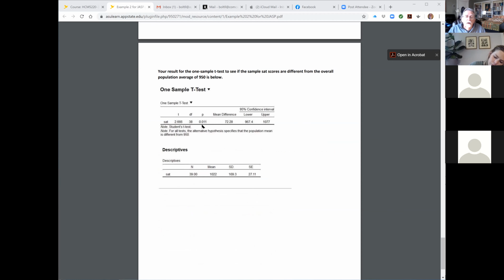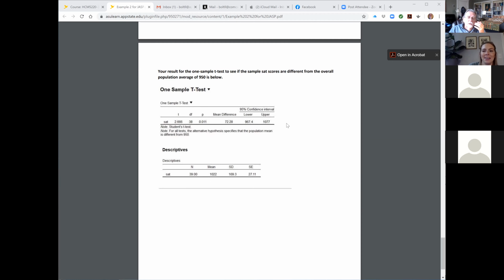So this group is significantly different from the population. To interpret it, you compare the mean that you derive from your sample against the given mean, which was 950.